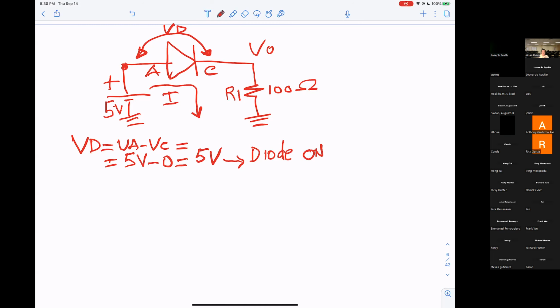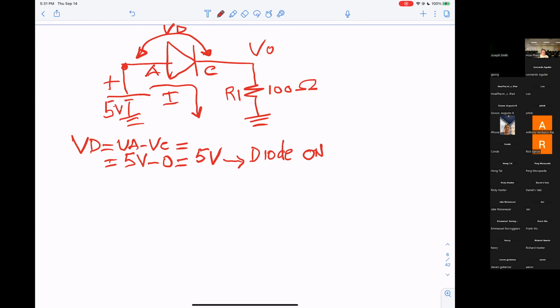No. I'm just telling you whether the diode is on or off. So you see on the left, at point A, you get 5 volts. At point C, basically, the 0. So that 5 volt is higher than 0.7 volt for a silicon diode. So the diode will be on. That means the first thing you have to know is whether they're on or off.